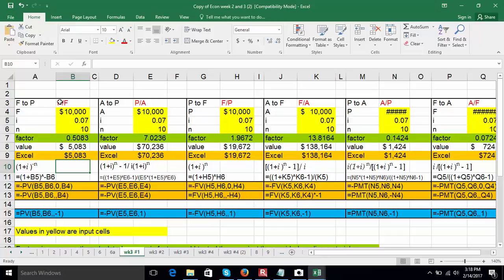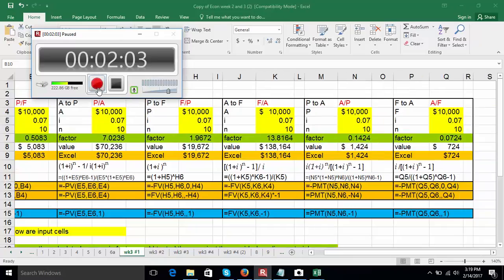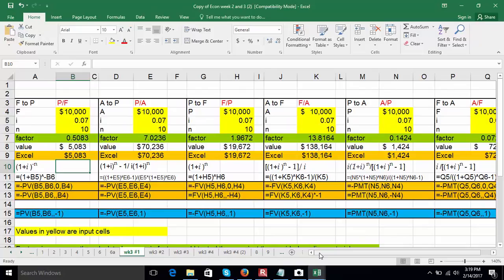Okay, perfect. So the first thing to keep in mind here is what's the input and what's the output. The easiest one to really identify is this A to P or the A to F, because they're sort of the big numbers, if you will.